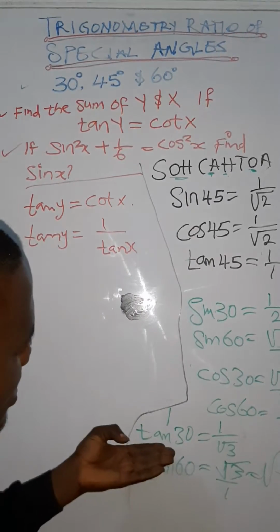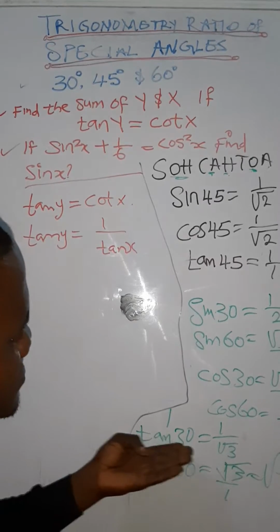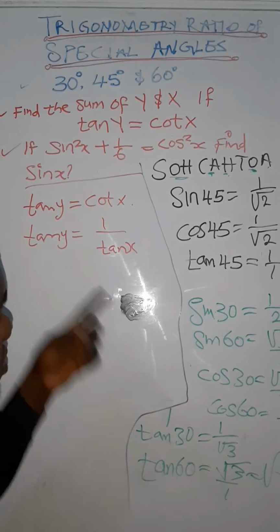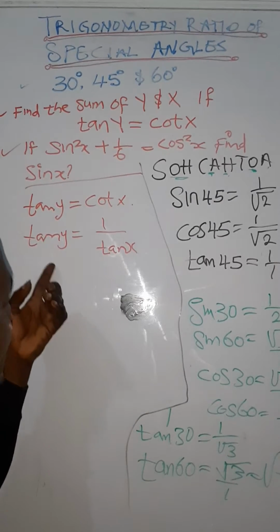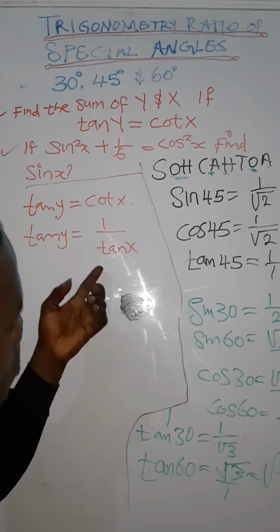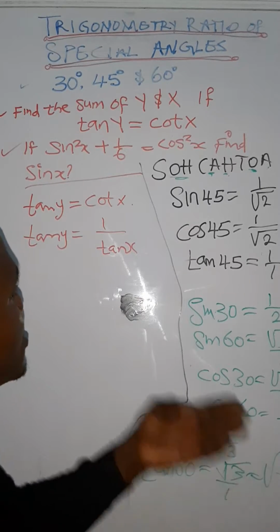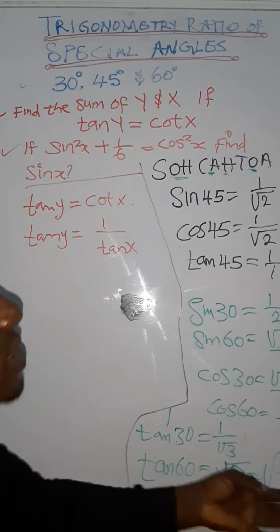So now, tan 30 is 1 over root 3, and tan 60 is root 3.